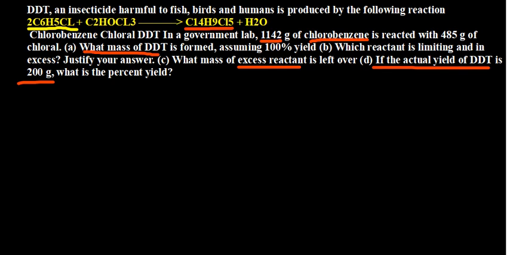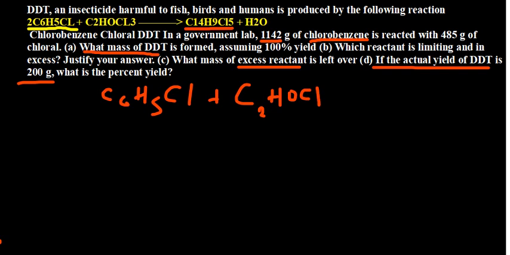Chlorobenzene, like benzene, is a hydrocarbon. So the first one, C6H5Cl, is reacting with C2HOCl3. This is our chloral, and the ratio is 2 to 1.